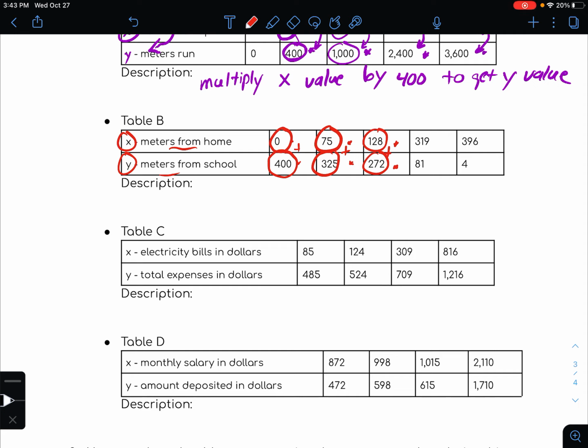So x plus y, in this case, is equal to 400. 400 is involved in that it is the sum of x and y. So add x and y to get 400.